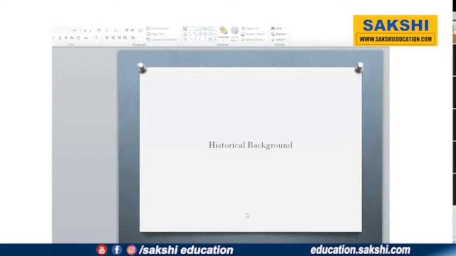If you look at the parliament configuration in the 1967 general elections, the Congress got 283 seats, whereas the Swatantra Party, another party, got 44 seats, and the Jana Sangh got 35 seats.